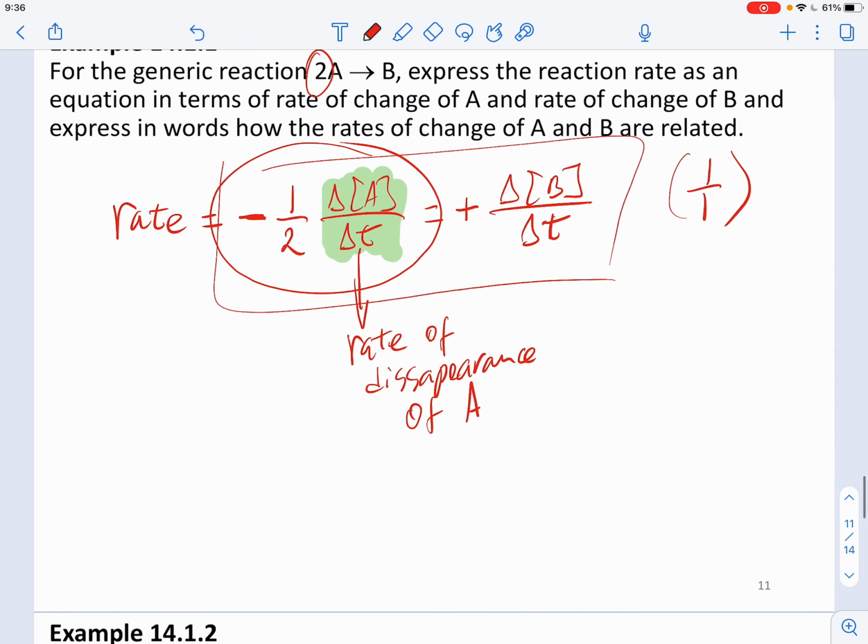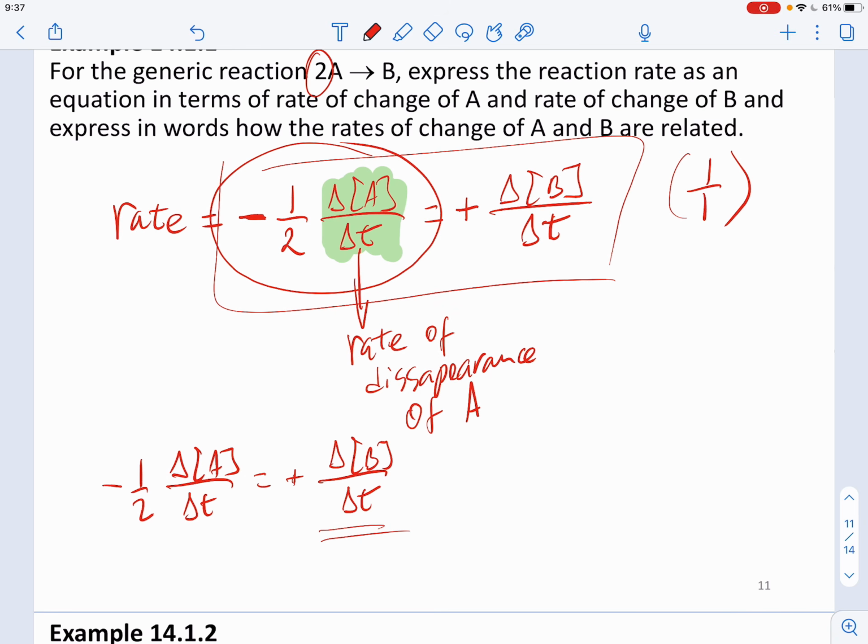What I wanted to do here is express the rate of disappearance of A in terms of B. Let's rewrite that. We have 1/2 delta A over delta T, and this is equal to plus delta B over delta T. Let's assume that you are following B, so you can determine the rate of appearance of B, but you want to know what is the rate of A. You cannot follow A, you cannot determine the concentration of A, you cannot produce the pretty graph that we had before.